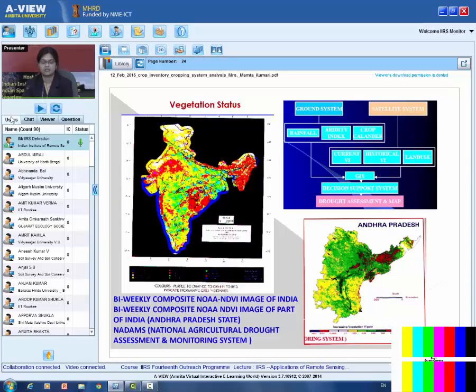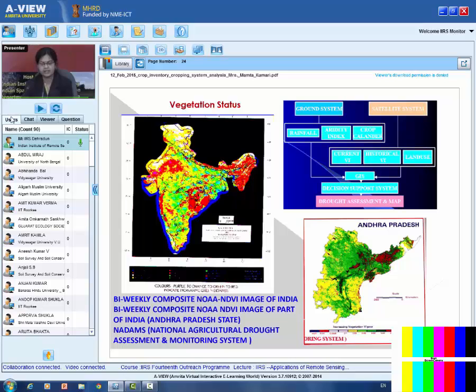Apart from that, under the crop inventory, drought monitoring or vegetation condition, crop condition are also being assessed. For drought monitoring, NADAMS is being implemented on an operational basis by MNCFC only.